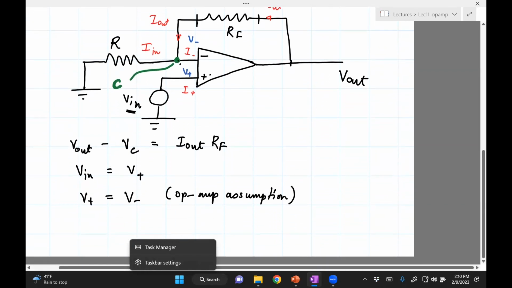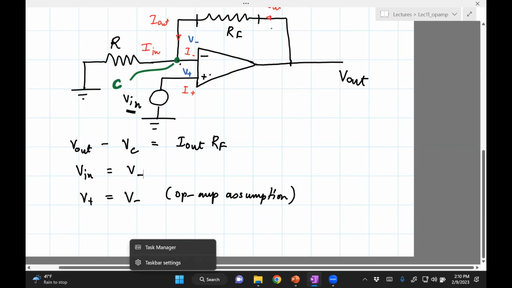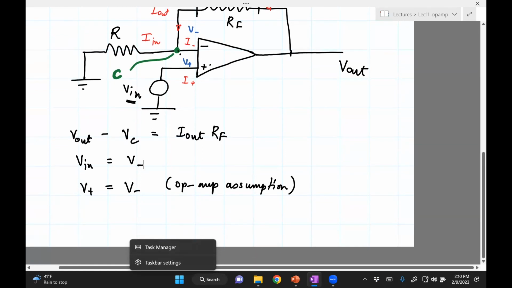Okay, and then we can also see that since C is connected to the negative end of the op-amp, the inverting end, VC is the same as V negative, right? Just from here, C is the same as V negative.